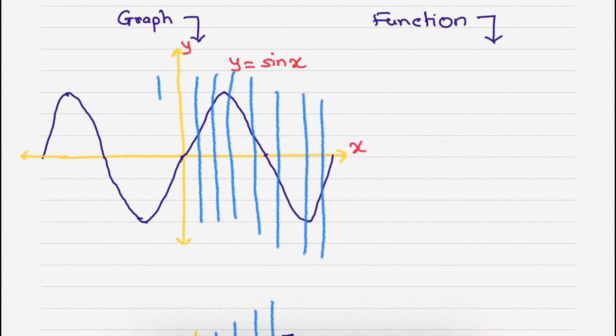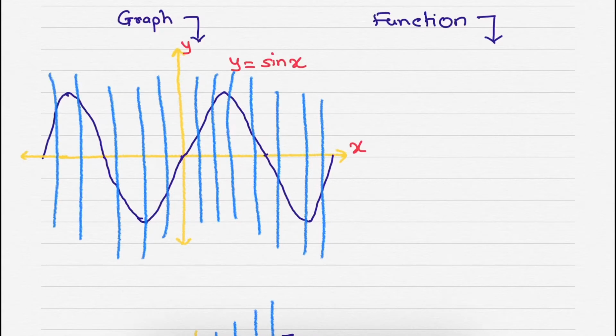Similarly, on the negative side of the x-axis, all the lines pass through only one point on the graph of y equal to sin x. So there is only one intersecting point between those vertical lines and the graph. If there is only one point on the vertical line, then we can say this graph is a function.